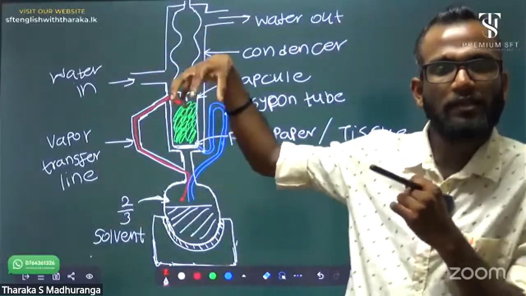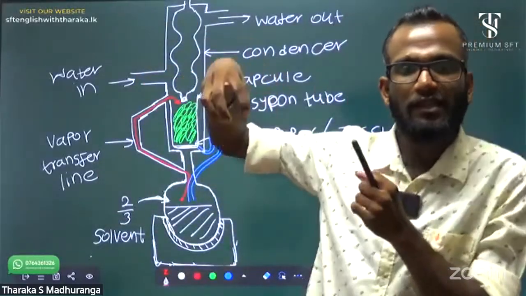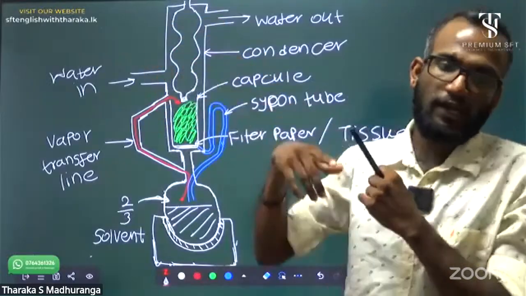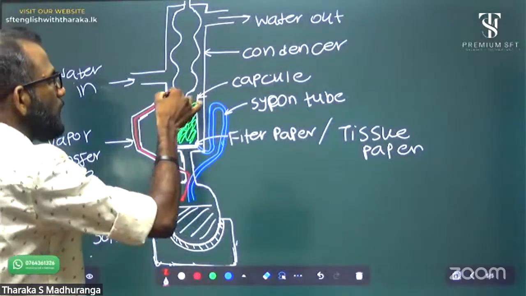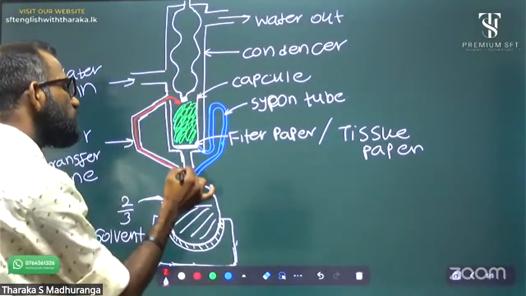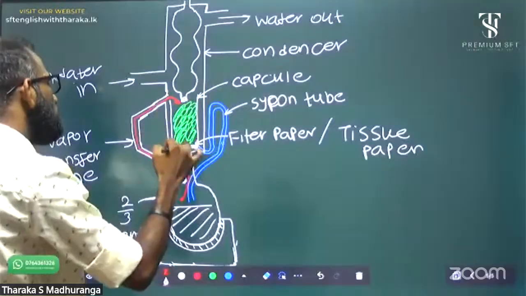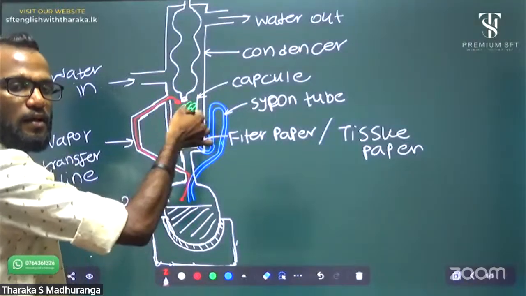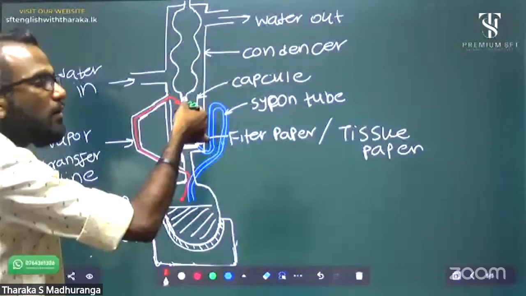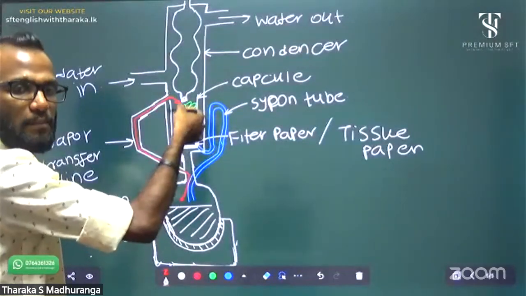We have to place it in a capsule, right? And place it inside, below the condenser, in the Soxhlet extraction. Okay, then solvent vapors transfer through the solvent transferring line and accumulate and collect in the plant material chamber.